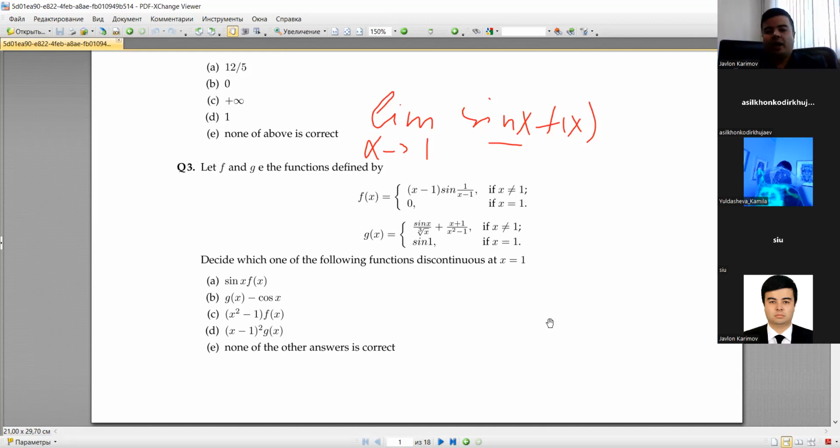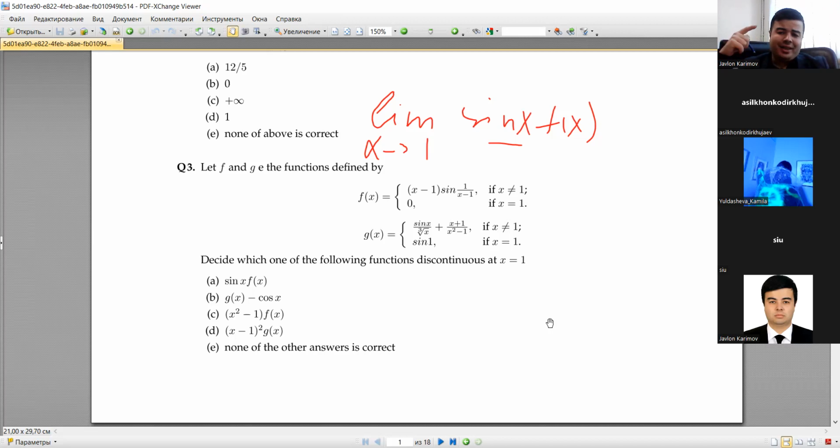Or we can say by other way, left side limit should be equal to right side limit as x tends to x0. So when left side limit equals right side limit, we say that they are finite and they are equal. We say that it is continuous. When left side limit and right side limit exist, but they are different from each other, we say that it's discontinuity of the first kind.